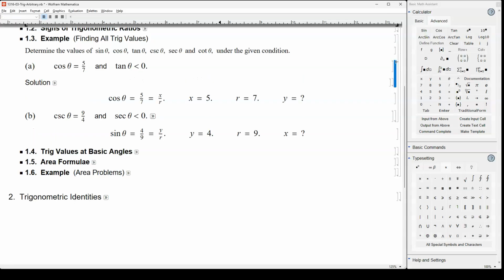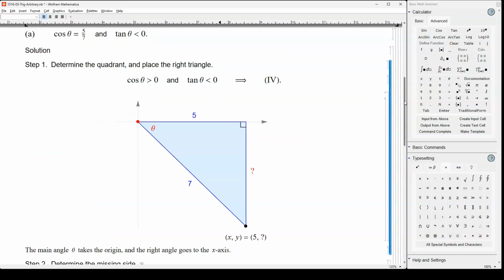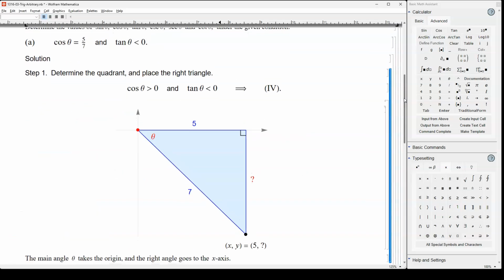Okay, let's go back to the first problem. Determine the quadrant. Cosine is positive, tangent is negative. Therefore, we have to have the fourth quadrant. Cosine is positive, either 1 or 4. Tangent is negative, so it has to be 4. So draw a triangle, it's going to be like this: 7, 5, and this one you can figure out through Pythagorean.